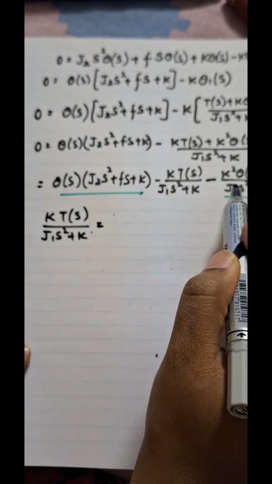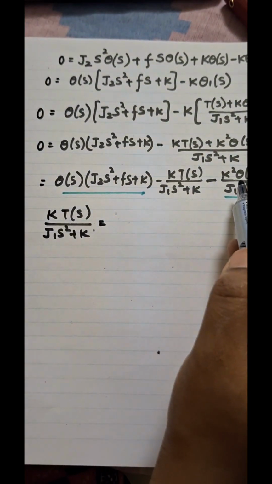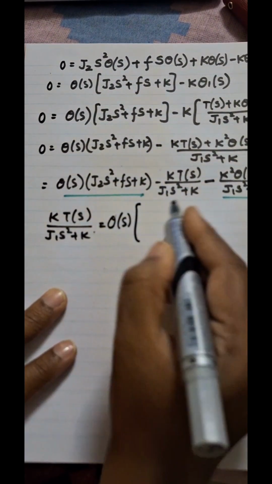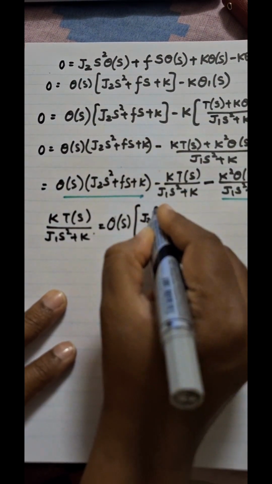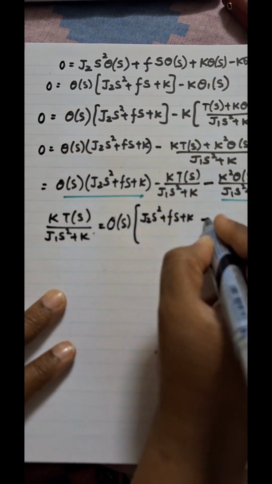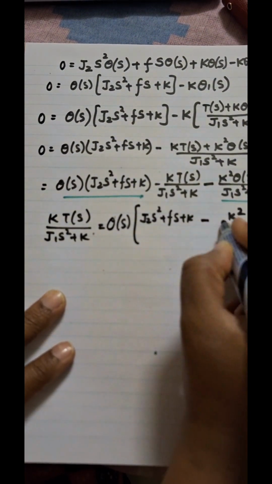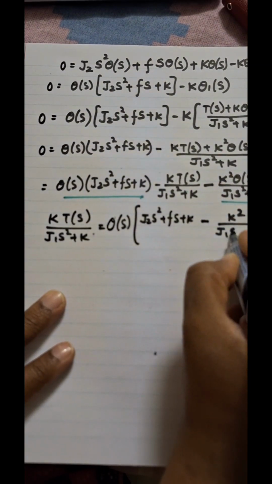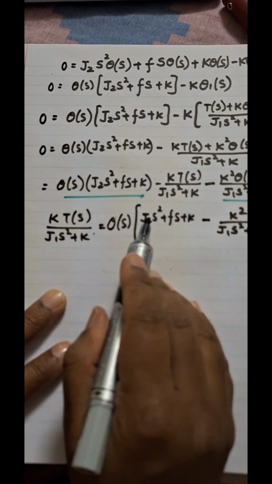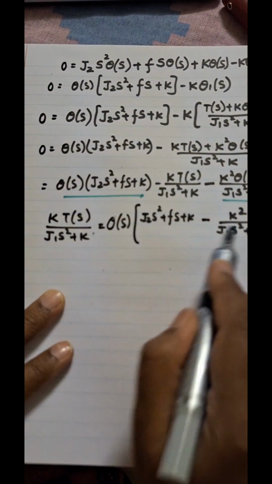So now here I am taking theta of s common for these two. So if I take theta of s common, it will be J2 s square plus fs plus k minus k square by J1 s square plus k. So A minus B by C, I can take an LCM.